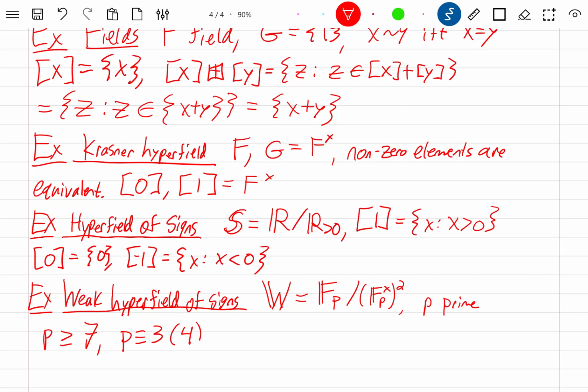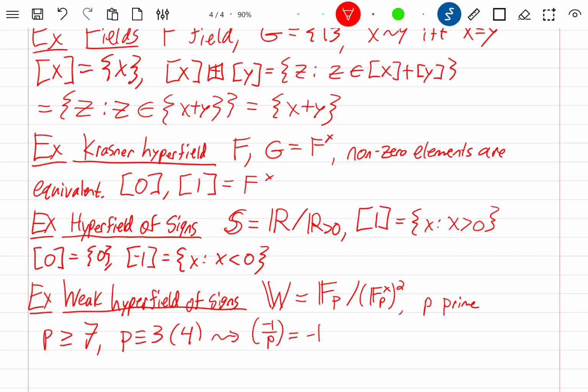Is there a way to see this? If p is a prime and p is 3 mod 4, this has something to do with whether -1 is a quadratic residue mod p. Give me 1 second. So -1 is not a quadratic residue. That's why we have the 3 mod 4 condition.